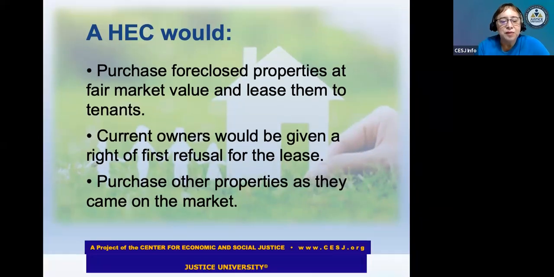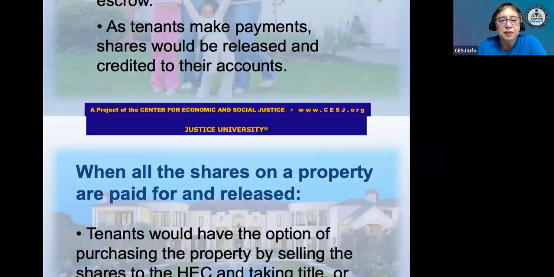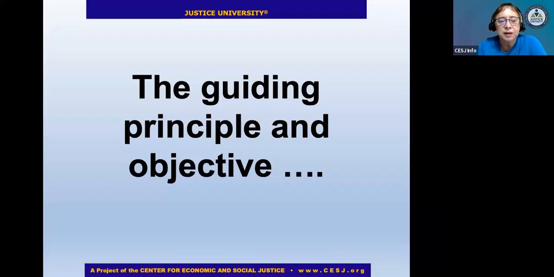So these are some of the benefits, and the way the HEC is doing the borrowing, that is spreading out risk, and it's spreading out the creditworthiness of the borrower to a larger entity, that's important. Also, it enables people with maybe not great credit ratings to acquire homes by buying shares in the HEC.